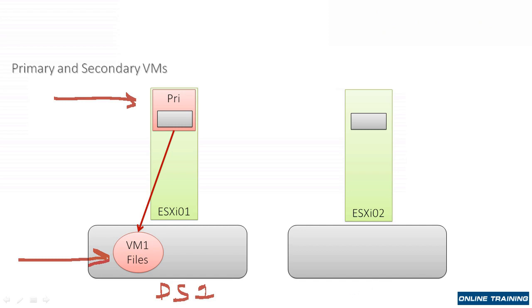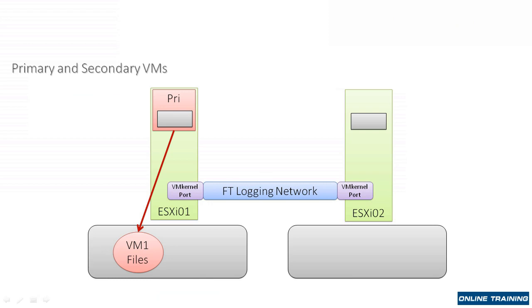And then I go ahead and I create, number one thing I have to create is a network, a fault tolerance logging network between those two ESXi hosts, right? And the purpose of this fault tolerance logging network is to basically track the state of my primary virtual machine and make sure that the secondary virtual machine is kept exactly the same.